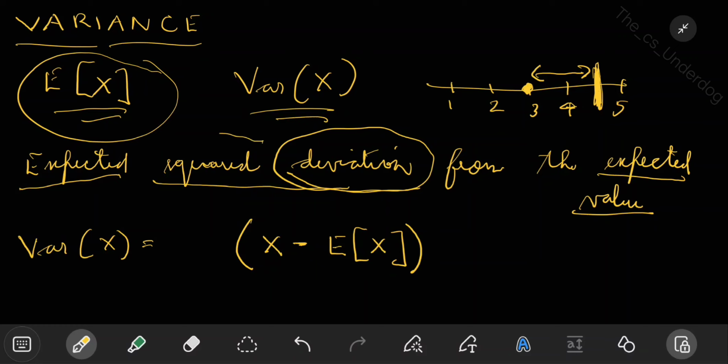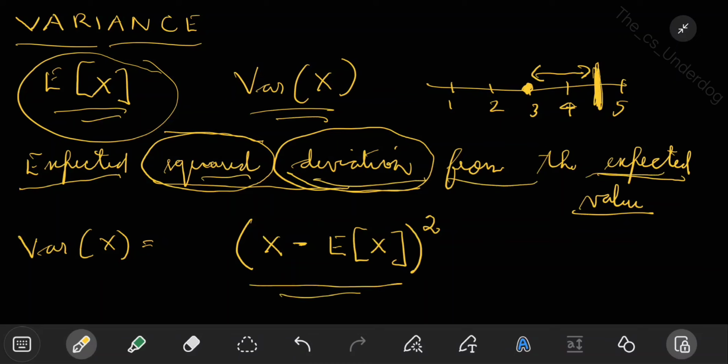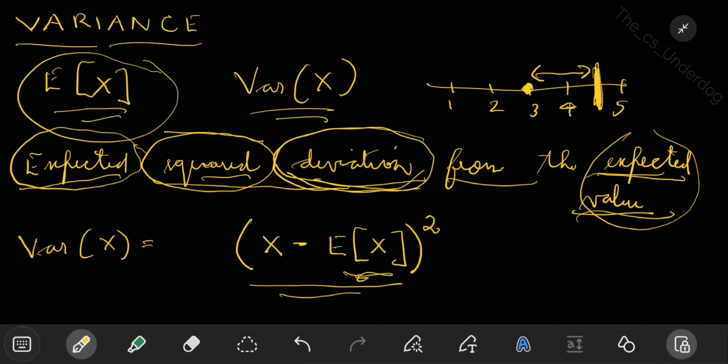What is the next step? Squared deviation. So you have to square this. Then this is called squared deviation from the expected value. So the last term is expected. Initially you found the expected value which is E of x. Then you found the deviation from the expected value which is x minus E of x.